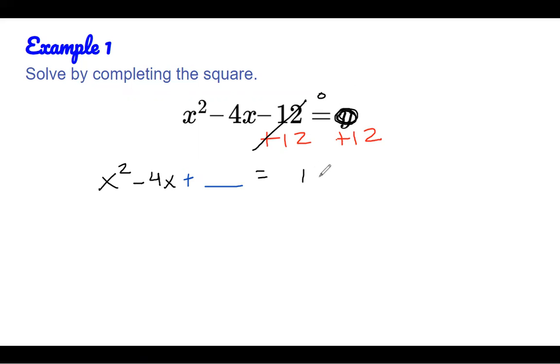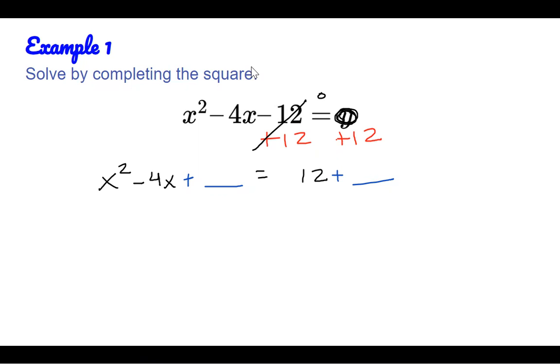And I'm going to leave that intentional space on my right side too, because whatever I add to one side, I add to the other. Okay? Makes sense?